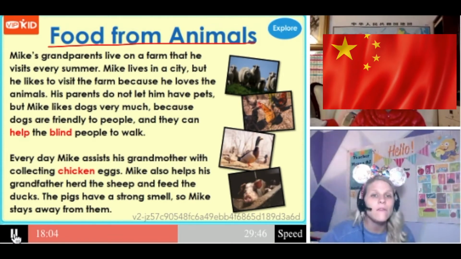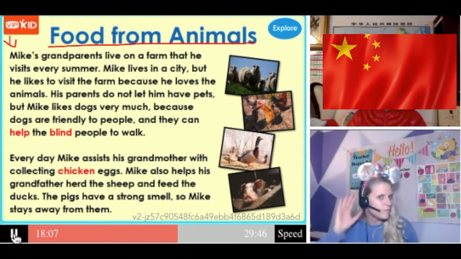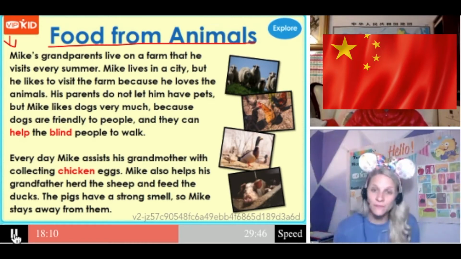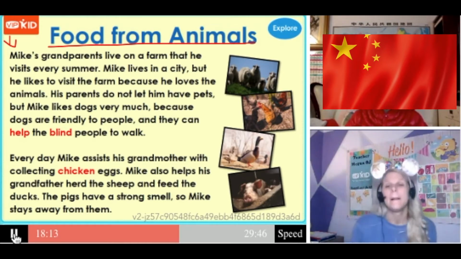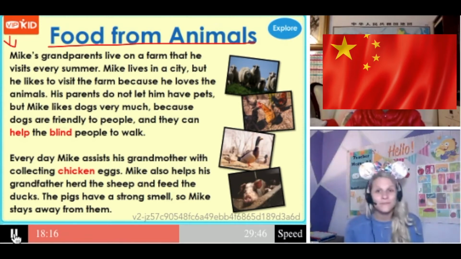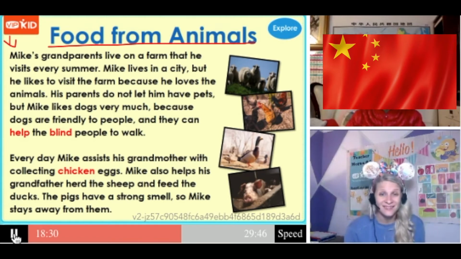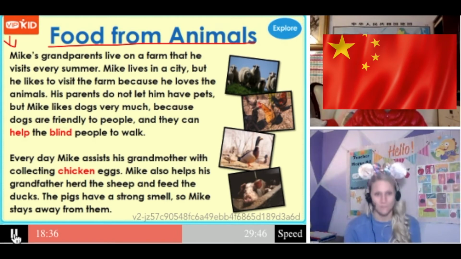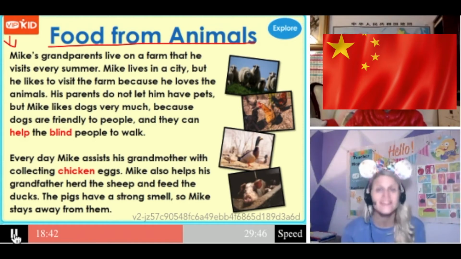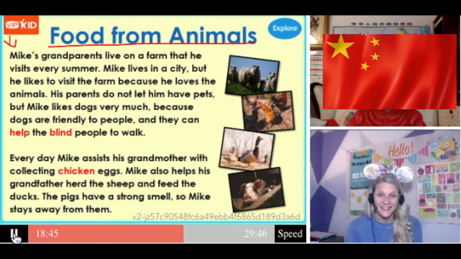Okay, let's read food from animals. Mike's grandparents live on a farm that he visits every summer. Mike lives in a city, but he likes to visit the farm because he loves the animals. His parents do not let him have pets, but Mike likes dogs very much because dogs are friendly to people and they can help the blind people to walk. Every day, Mike assists his grandmother with collecting chicken eggs.